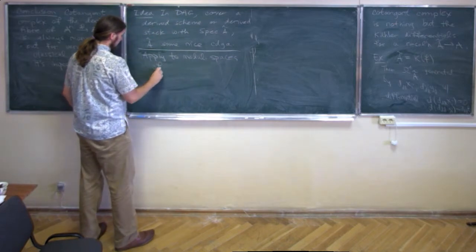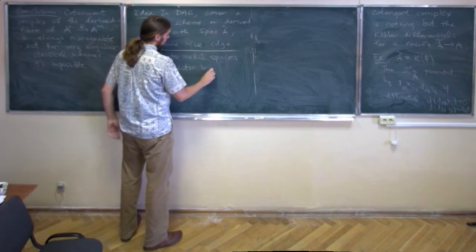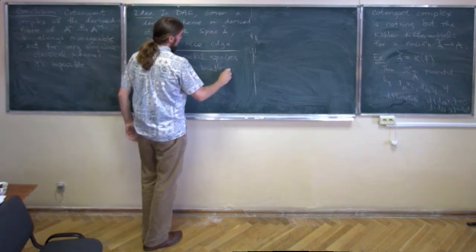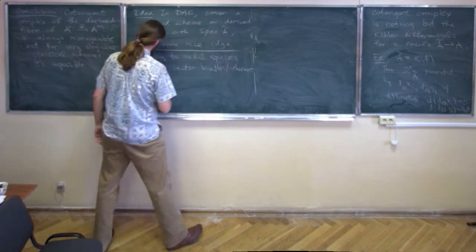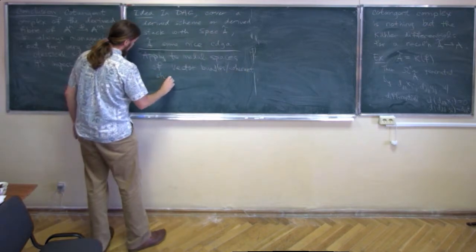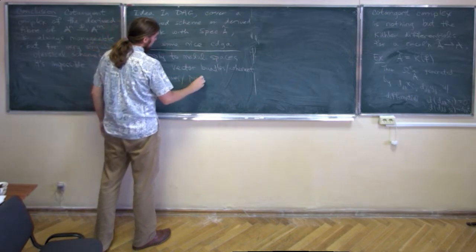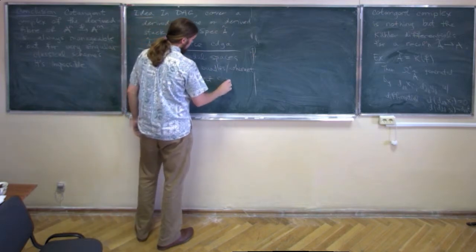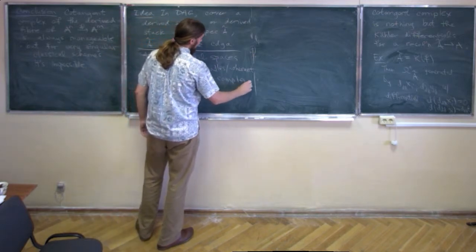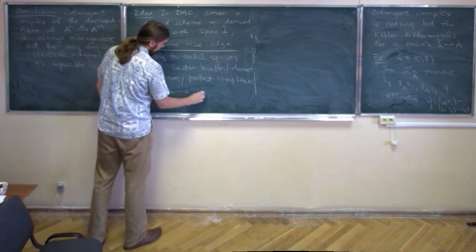of, let's say, vector bundles, coherent sheaves, more generally perfect complexes or objects in the bounded derived category, on some variety X. Okay.